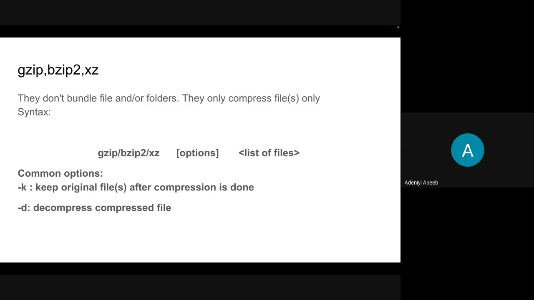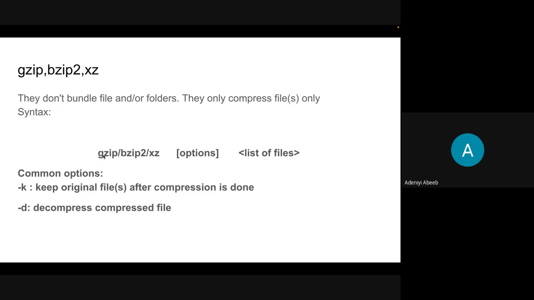They were written only for compression, not for bundling. So if you want to bundle, you should use zip or tar. But if you are interested only in compression, just use these compression tools. They don't bundle, they only compress files.